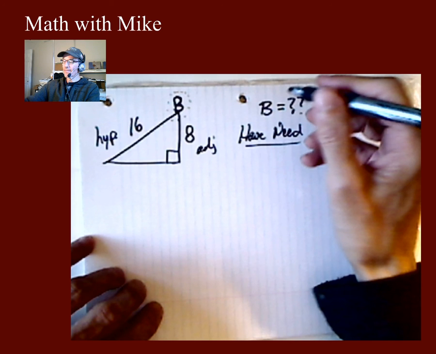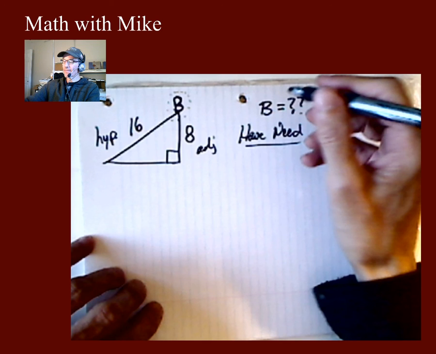I got particular a bit too soon. See? Look what happens. Don't mess it up. So we get back on track. Cos B is adjacent side, 8 on the top, 16 on the bottom for the hypotenuse there.